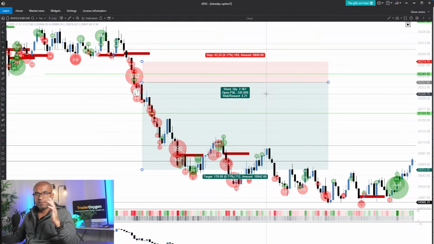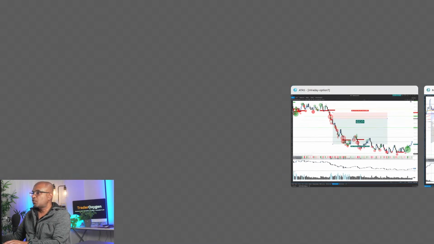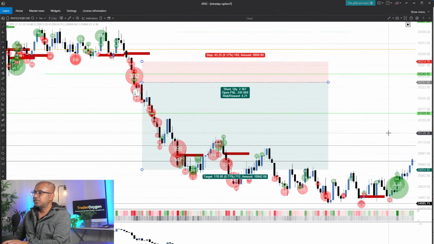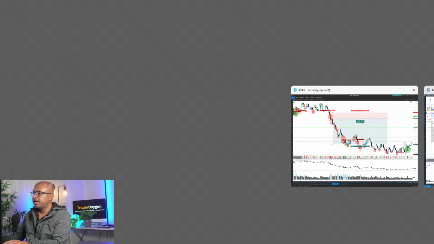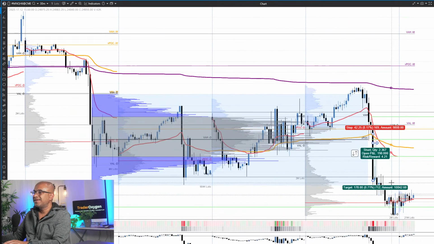Now let me summarize the overall picture to give you a better idea. One other thing: if you look at the overall price action in the 30 minute chart, even though we exited our trade at price point 25,000, you can see the price kept falling further down. However, we are not going to capture the entire price move, right?